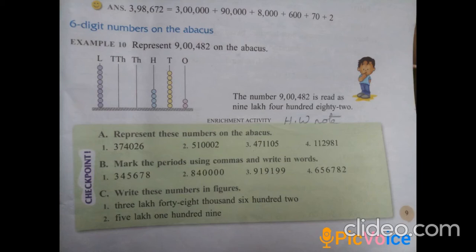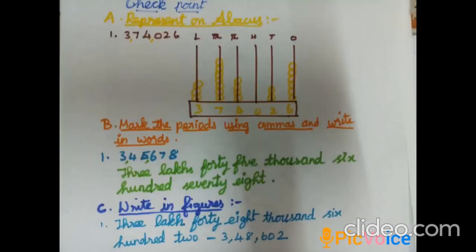Let me explain. A question, represent in abacus. Children, you have to draw the abacus board like this. Write the place value above and draw the beads and write the numbers. So next, second, third, fourth sum also similarly. B question, mark the period using commas and write in words. So write the question first, 3, 4, 5, 6, 7, 8 and put a comma over ones, tens, 100, comma, 1,000, 10,000, comma.